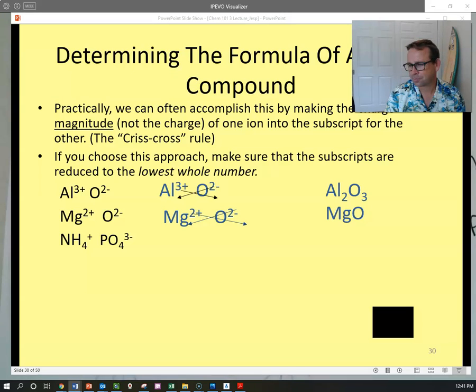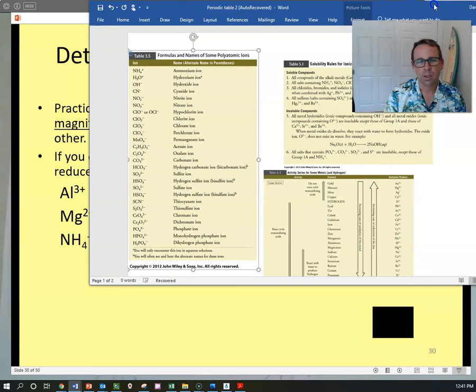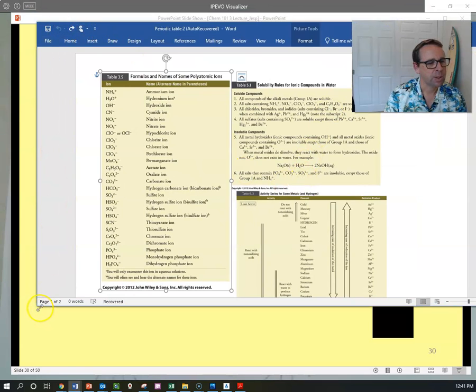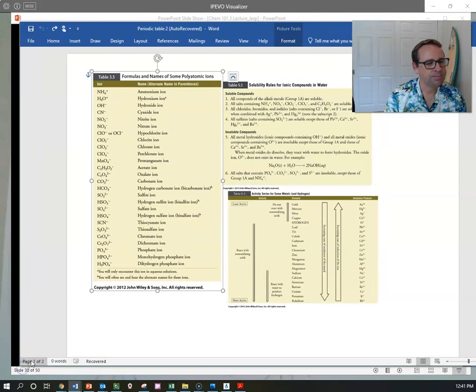And there's a list of these polyatomic ions on the back of your periodic table. All right? It looks something like this. Yes. You see that list okay? Yes. Good.